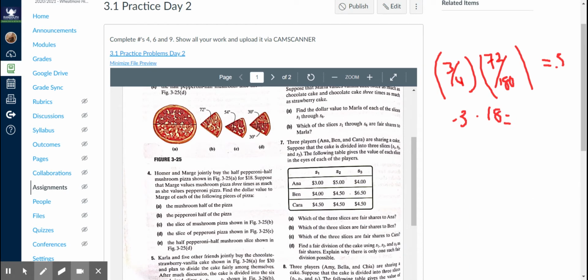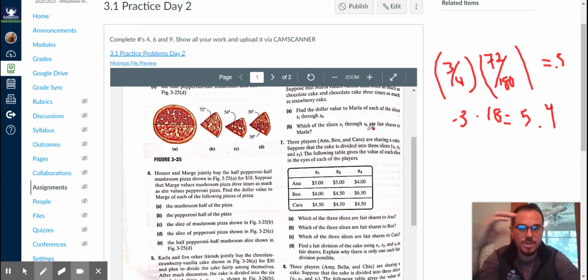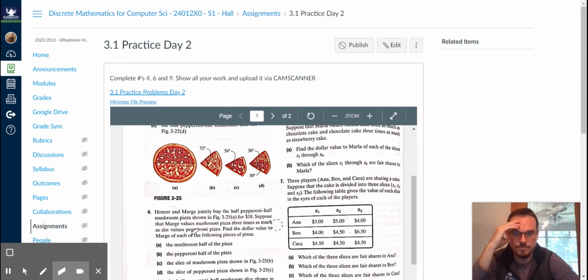So 0.3 times 18 is 5.4. So 5.4 is the slice of mushroom. Hopefully that helps you out on figure B. You will need to complete D and E for those two. I've done 3 out of the 5 for you. Try the next two.